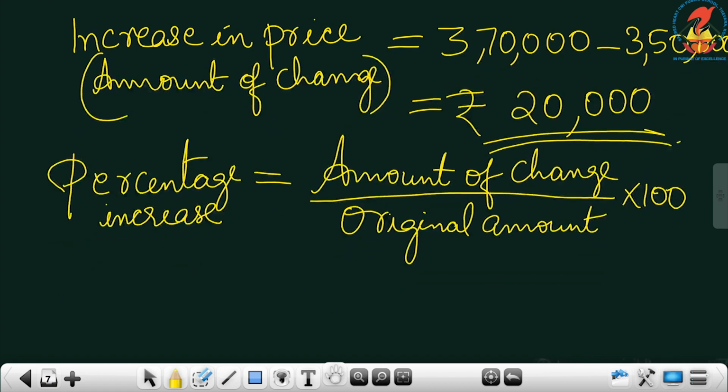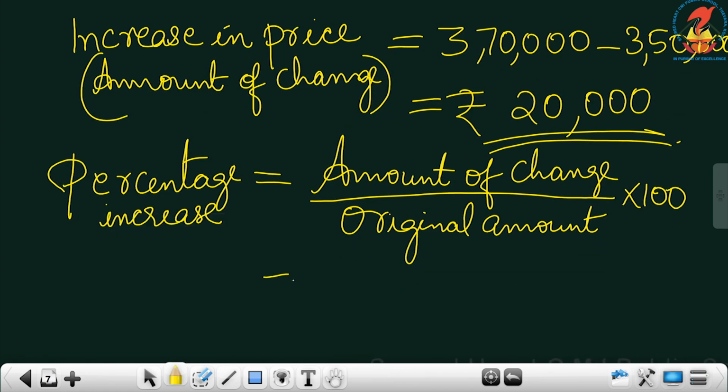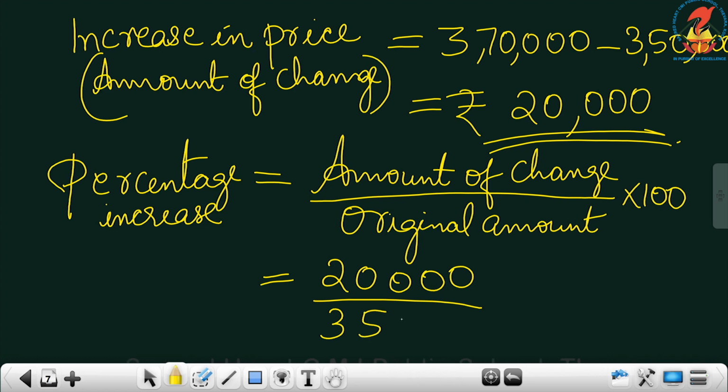So what is the amount of change here? Increase in price, that is 20,000, divided by original amount 3,50,000, into 100. Okay, just cancel the zeros. Here 2 zeros, here 2 zeros. So what will you get?